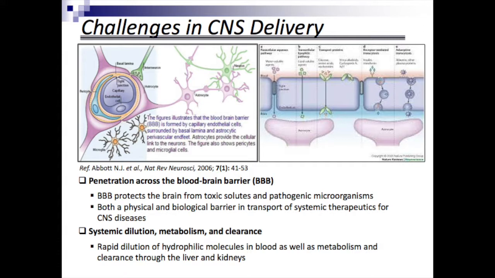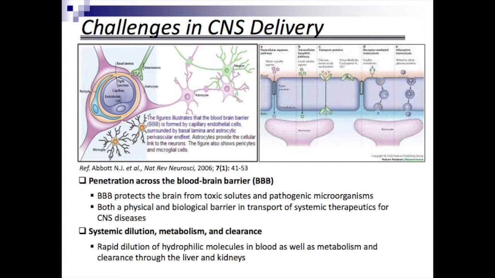These tight junctions are almost like a wall that prevents the drug from crossing over. But in addition to just being this tight junction, these cells also express various types of molecules, and actually the biological barrier to drug transport is much more profound than the physical barrier based on the tight junction.